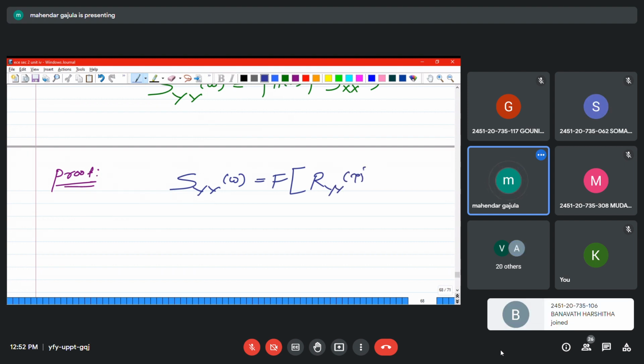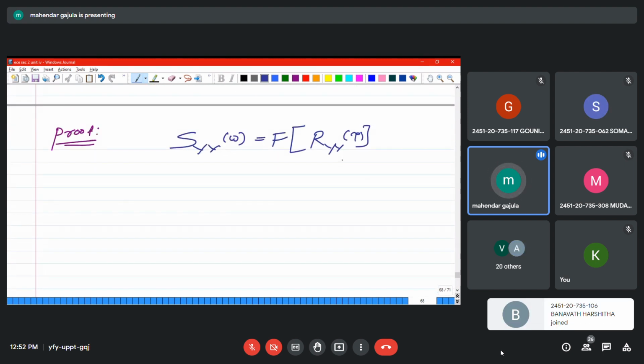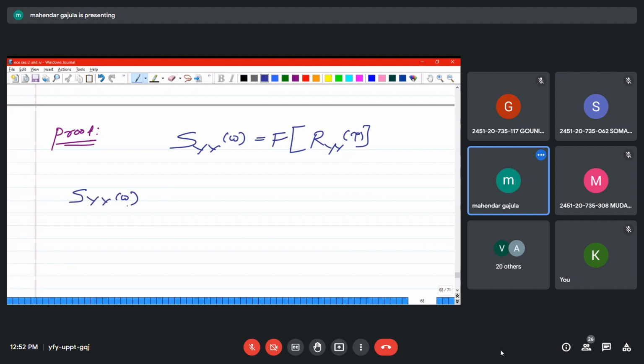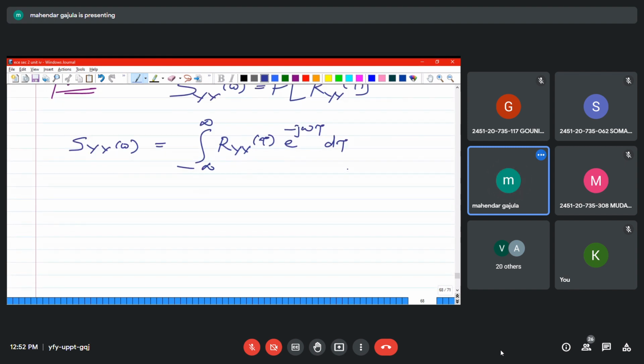Autocorrelation function, which we already obtained, R_yy tau, in the last class. So let us apply the formula of Fourier transform, integral from minus infinity to plus infinity R_yy tau e power minus j omega tau d tau. This is a function of tau.